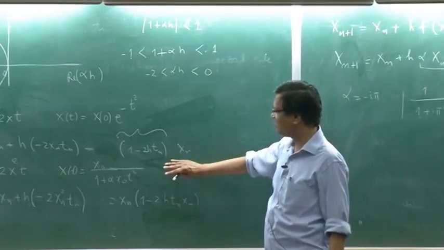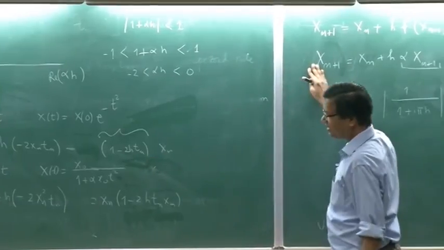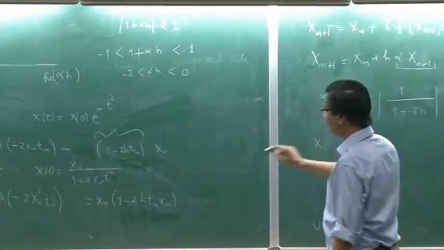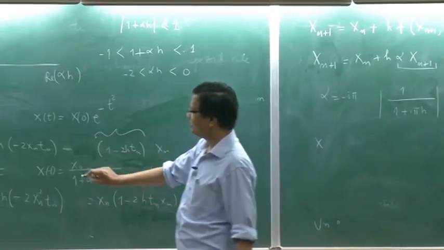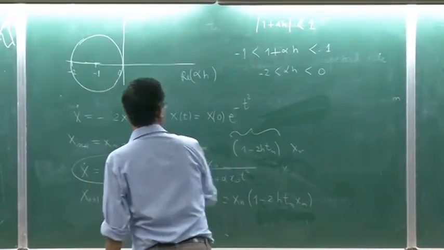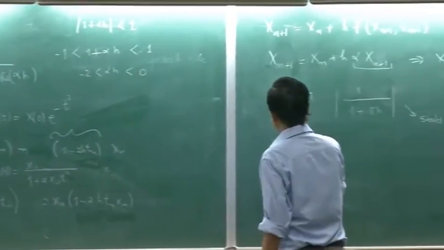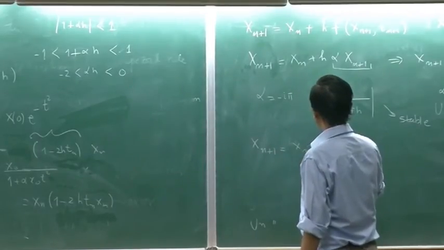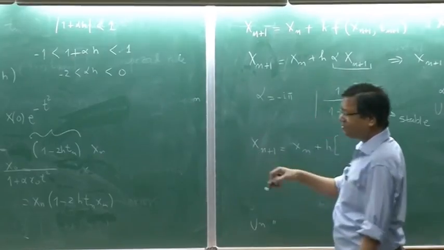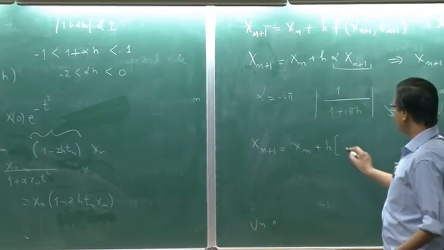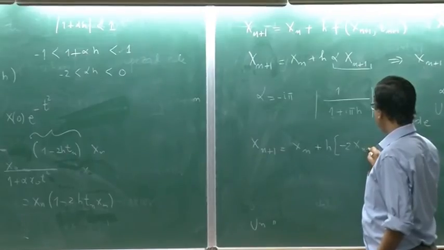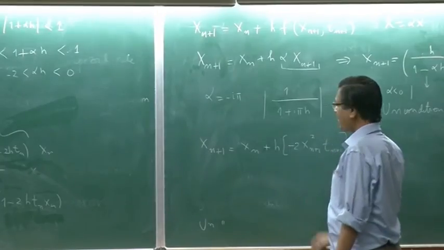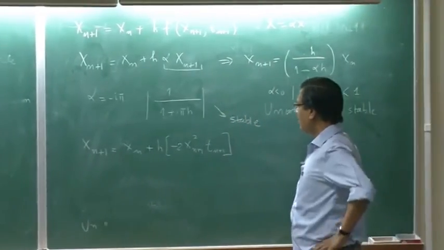So we can work out this one or both. How will you solve this problem with the Euler backward scheme? Let's solve this one. The Euler backward scheme will be x_{n+1} equal to x_n minus h, plugging in my f, which is minus 2 t_{n+1} x_{n+1} squared.